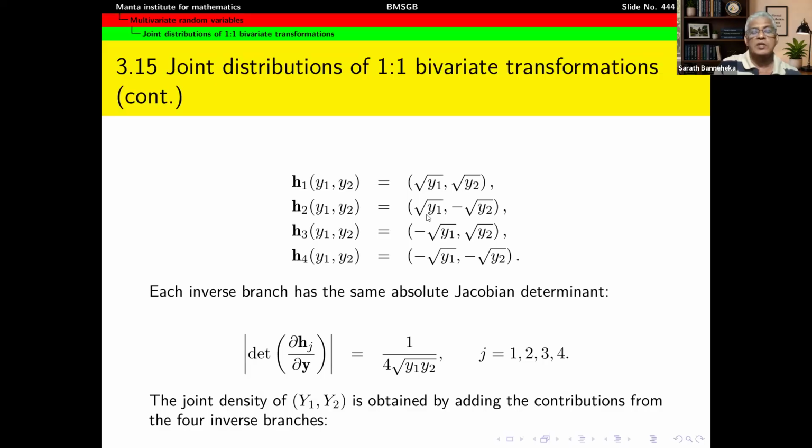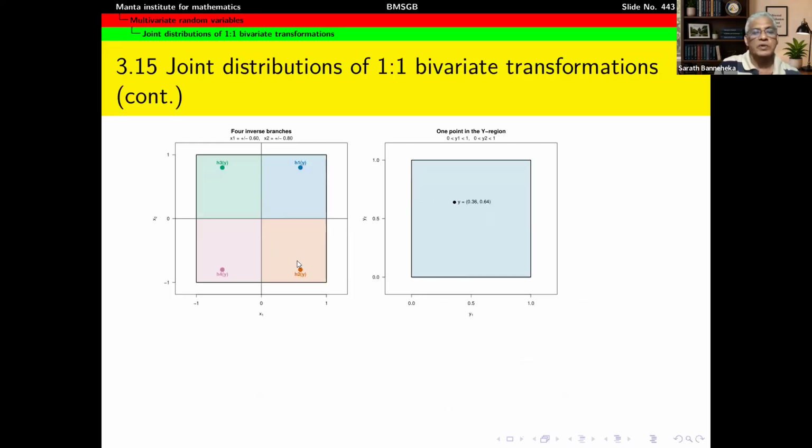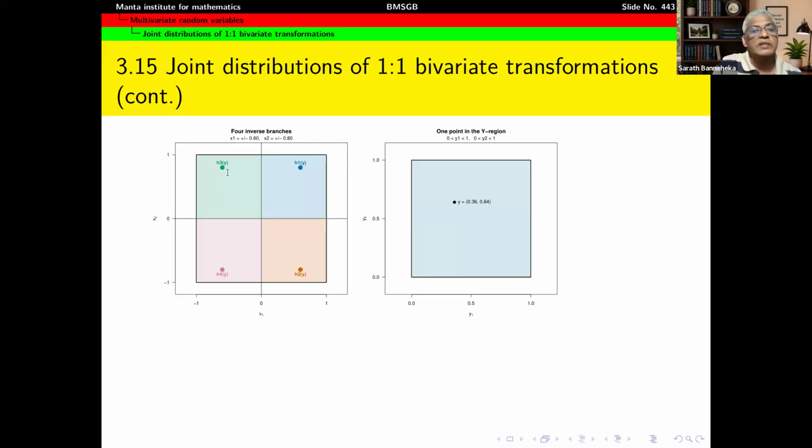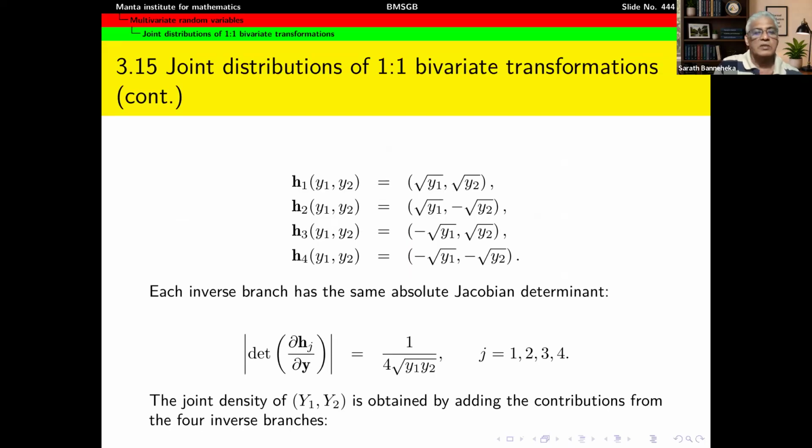Another one is root y1 to negative root y2, which will be something like this. The other one is negative first value and positive second value, which can be something like this. And the last one is this. So each inverse transformation is one-to-one.